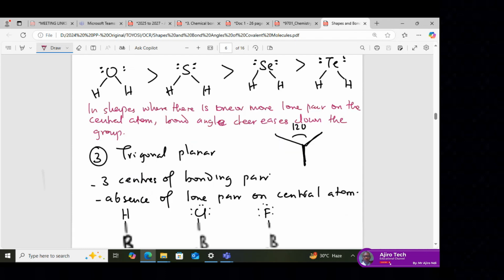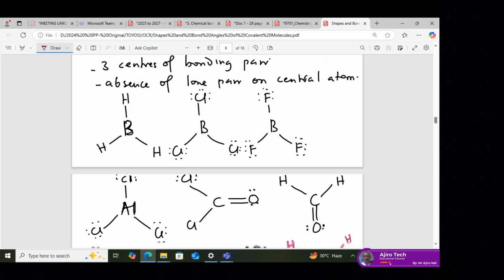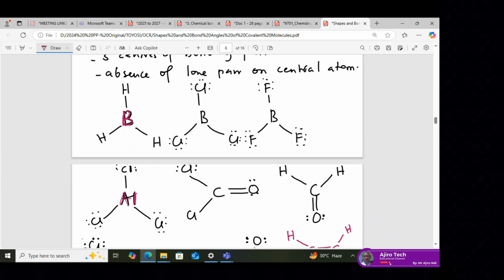Is that okay? Do you have a lone pair on the central atom here? Trigonal planar. What are the conditions for trigonal planar? Three centers of bonding pair, absence of lone pair on the central atom. So boron is period 2, and aluminium is period 3. What's the bond angle in BH3?